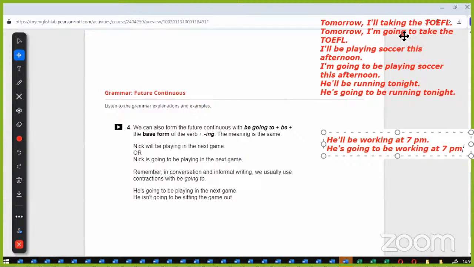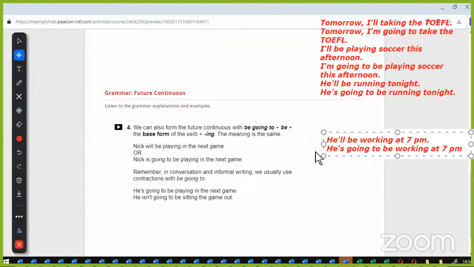Okay, so if that's clear, is there any question maybe? No, it's okay. Okay, so let's write in the Zoom, on my screen, the screen I'm sharing. Let's write 3 sentences with will be plus the ing, and 3 sentences with be going to plus the gerund.